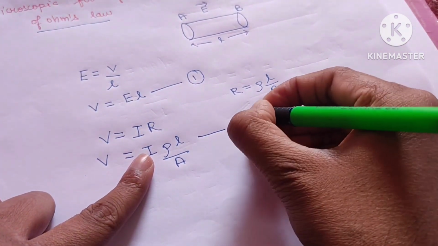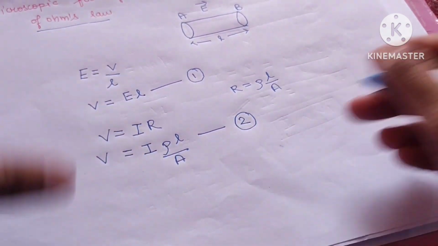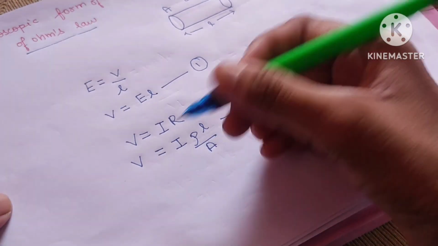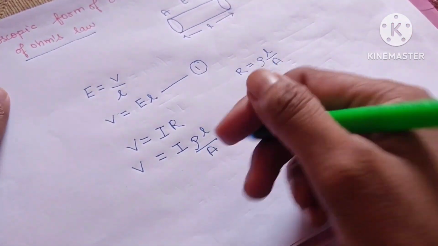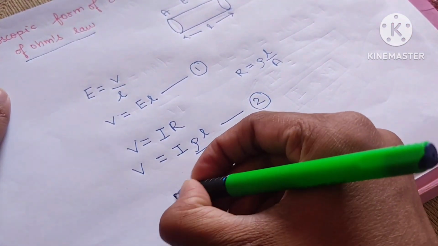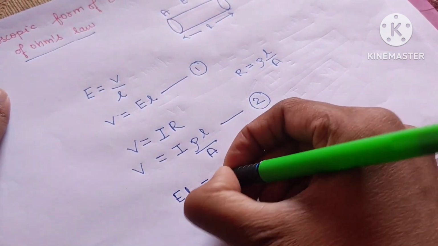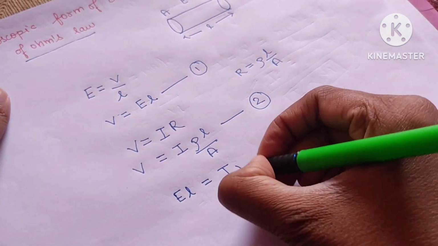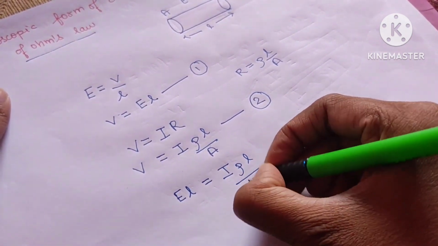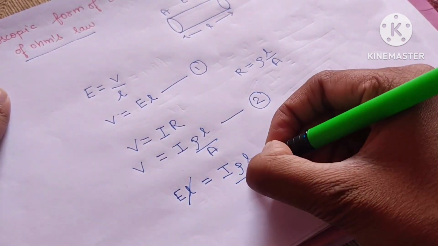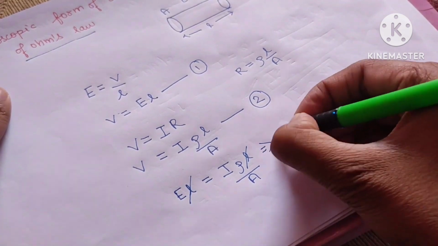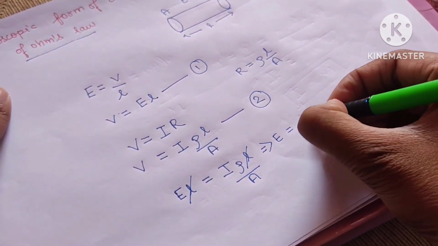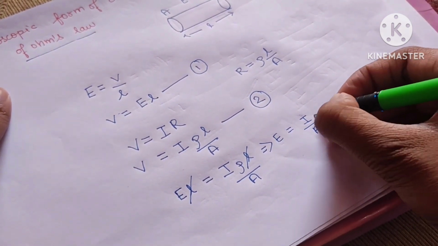We know V is equal to this, so the first and second equations are equal to each other. So EL is equal to I rho L by A. L will get cancelled, and we're left with E equal to I by A into rho.